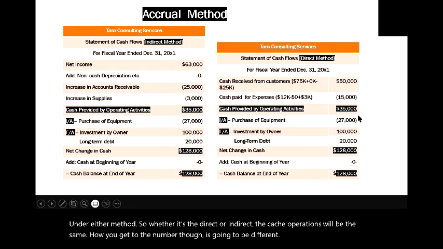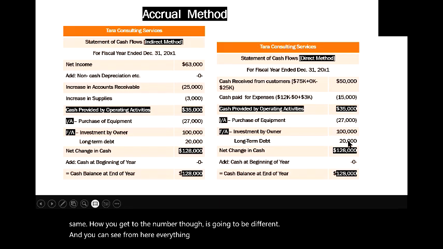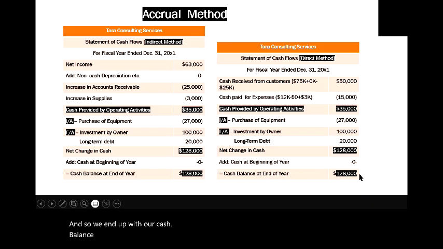And you can see from here, everything follows pretty much the same way. And so we end up with our cash balance of $128,000. So the indirect method and the direct method will not give you different subtotals. The subtotals will be the same.